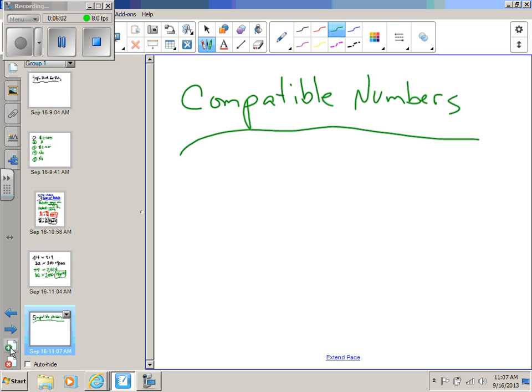What does it mean if things are compatible? You know what that means, Alexis? Easy. Easy? Well, you're only telling us half the story. Compatible. Close to the original number. It's not really going to help us too much. You'll understand when we get there.